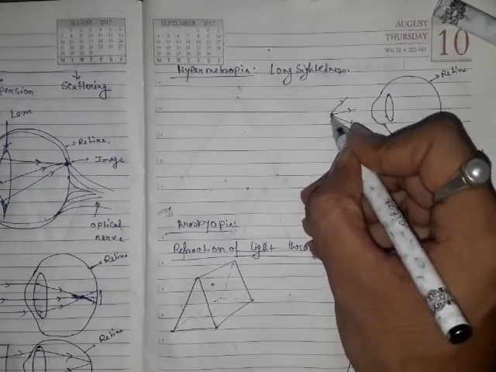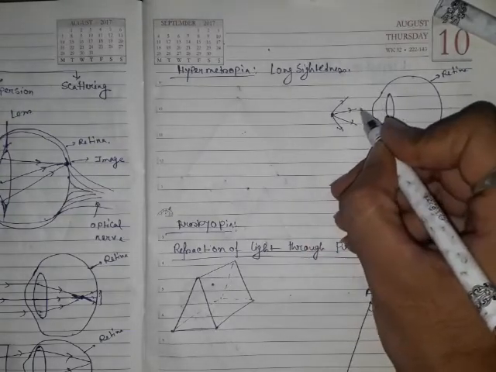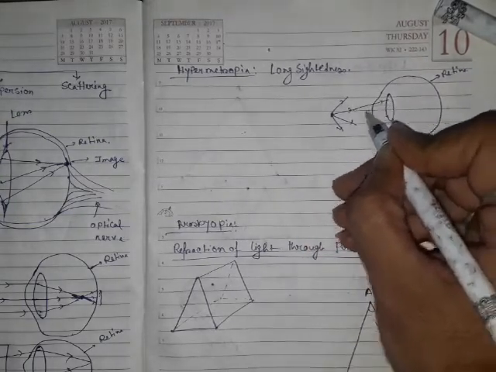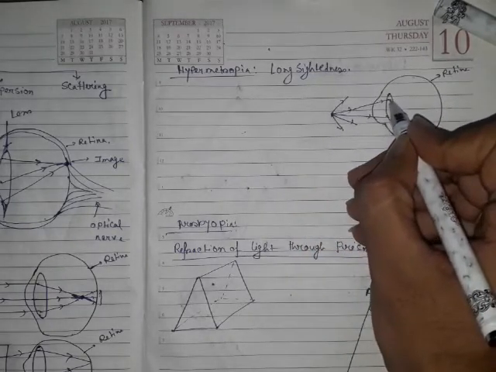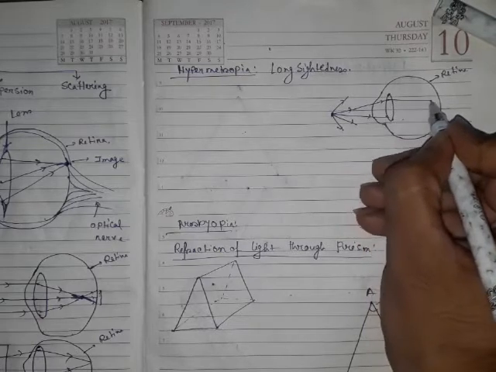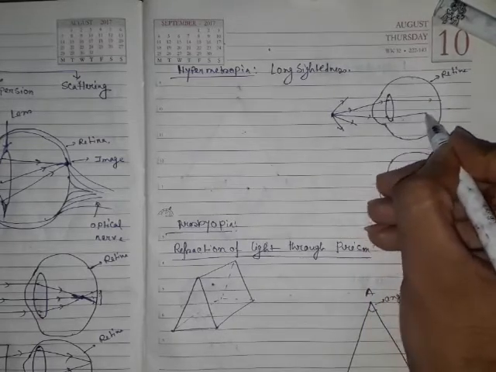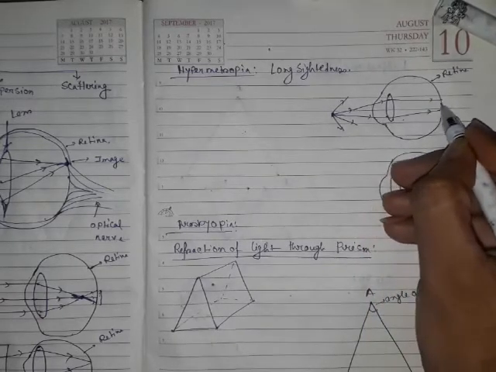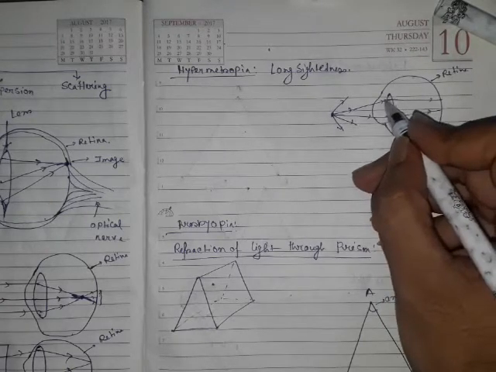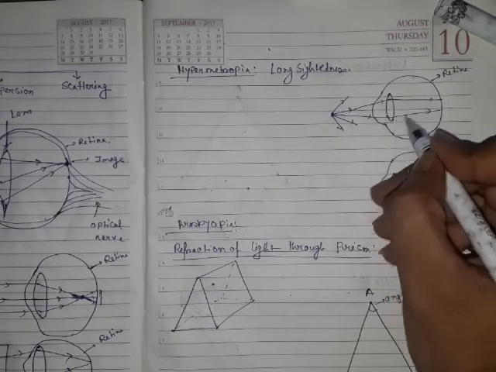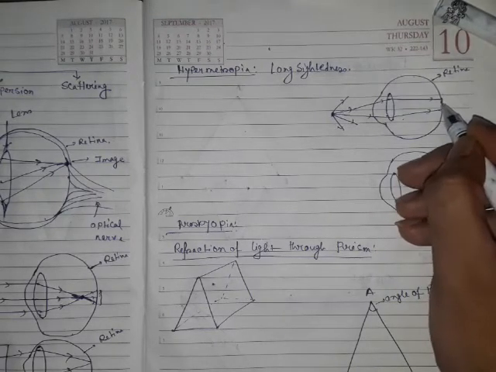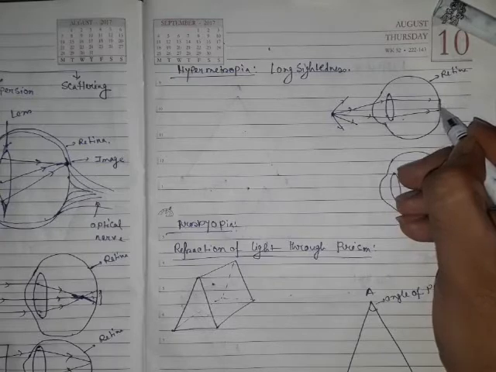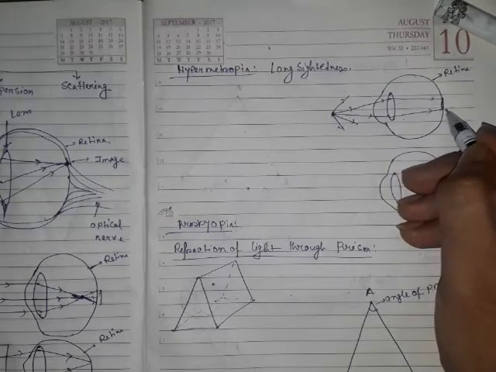The lens of our eye is now unable to converge them on the retina. So these rays are not completely converged on the retina, and a blurred, elongated image is formed.